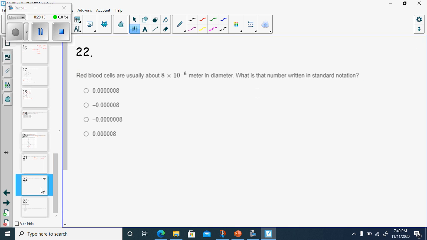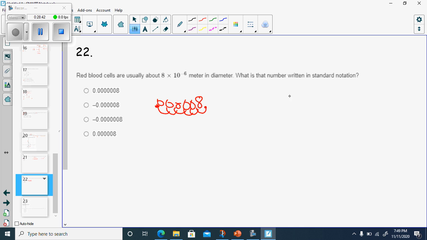Let's look at 22. Red blood cells are usually about 8 times 10 to the -6 meters in diameter. What's that number written in standard notation? Times 10 to the -6 means it's a very small number. We know that regular decimal's right here behind an 8. So we're going to move it 6 times to make it smaller. 1, 2, 3, 4, 5, 6.